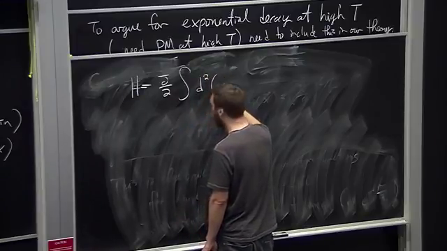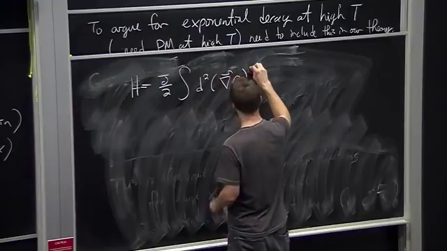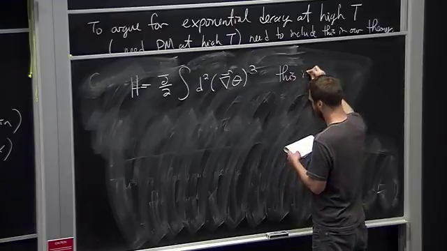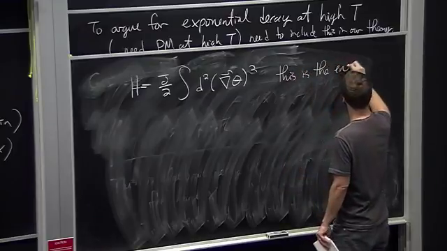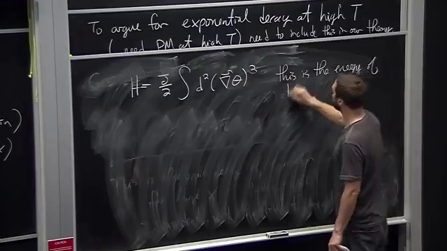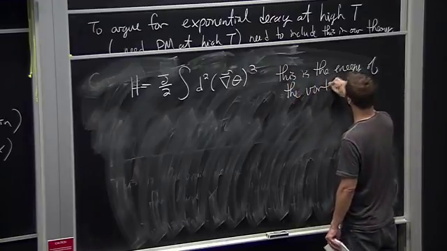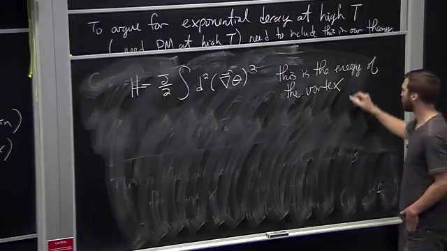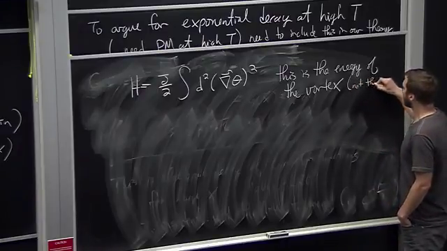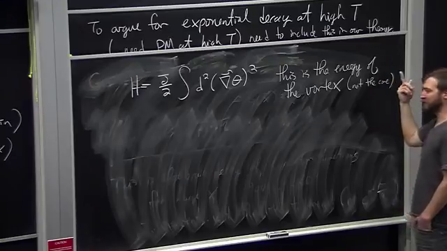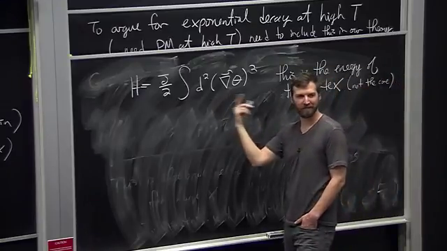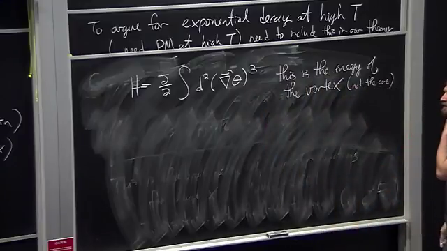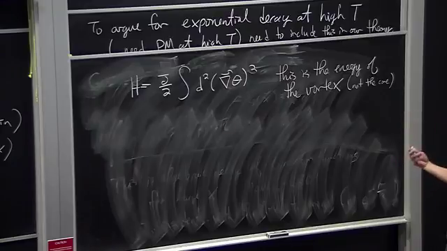So it should be just grad theta squared, right? That's the energy of the vortex away from the core. So I just have to keep in mind, in this long wavelength theory, that's what this is. This continuum theory, maybe I should call it that. You know, the core would give you some sort of divergence.